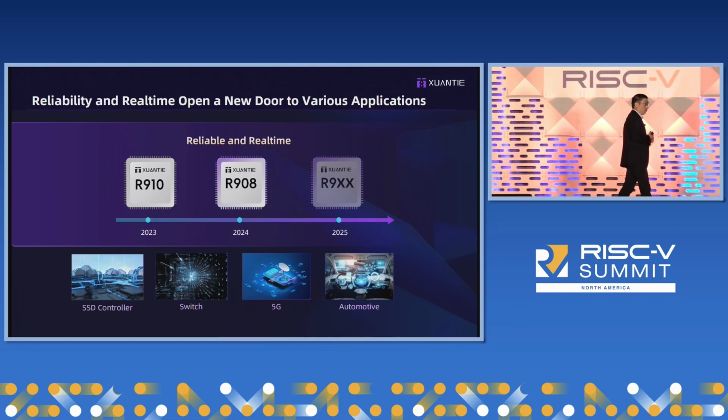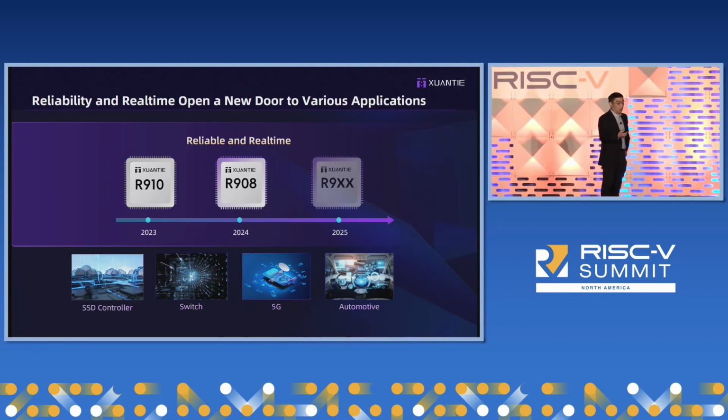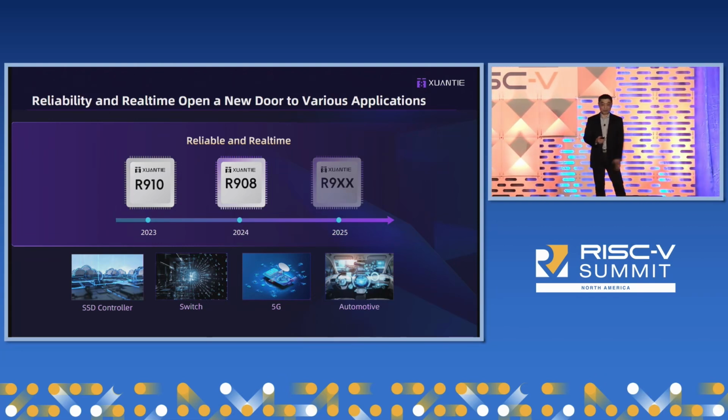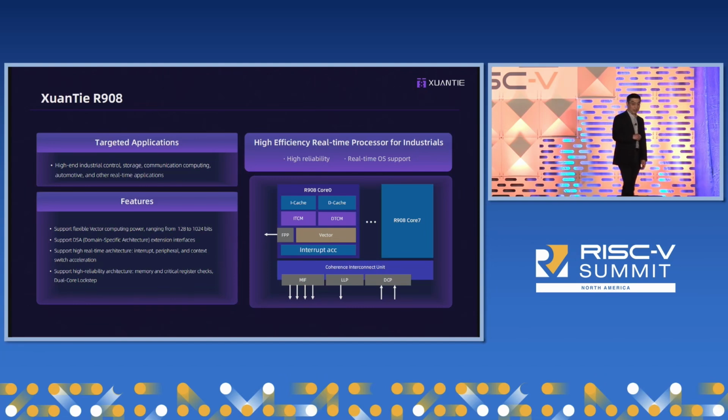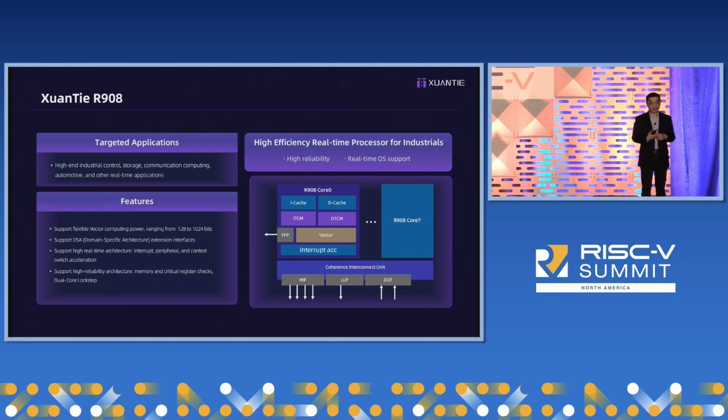For the real-time and reliability machines, we have R910 and R908, and in the future we will have more of these real-time machines as well. They will be applied to SSD controllers, switches, 5G, etc. More specifically, we just released R908 last month.